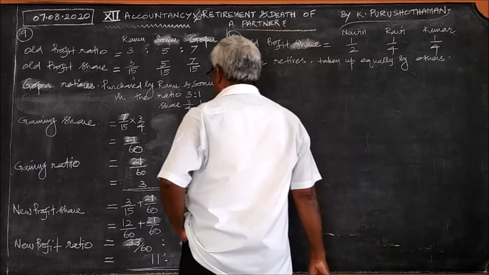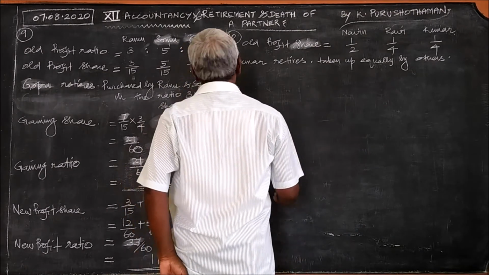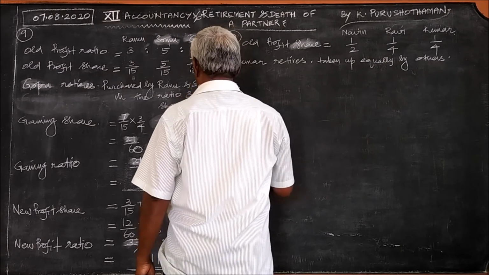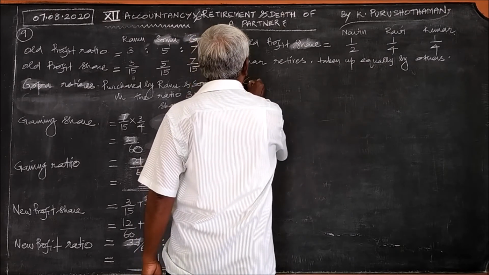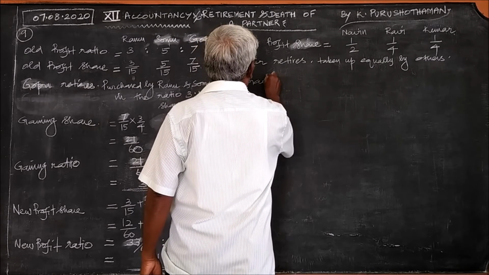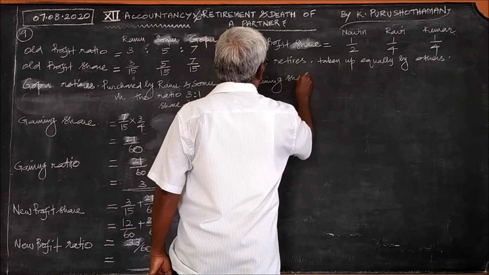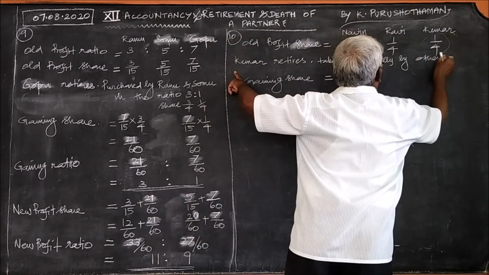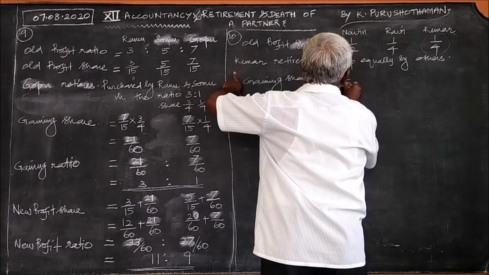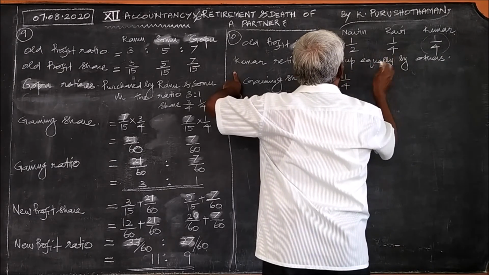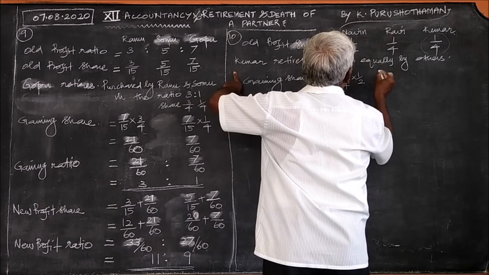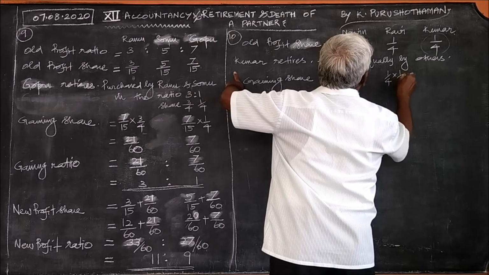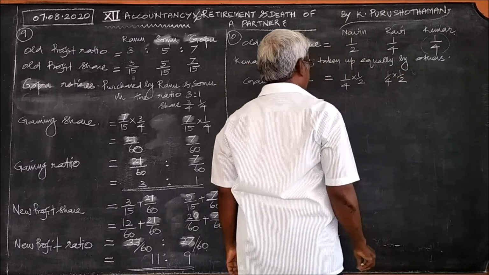Then what is the gaining share? We must find the gaining share. Only Kumar retires, and from this 1 by 4, they are taking 1 by 4 equally. That is, half is taken by Naveen and half is taken by Ravi.